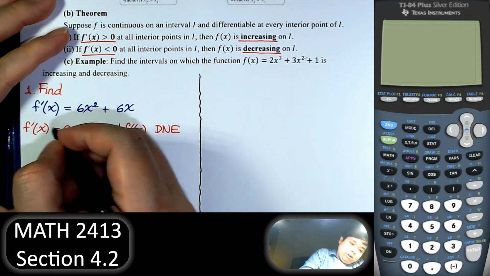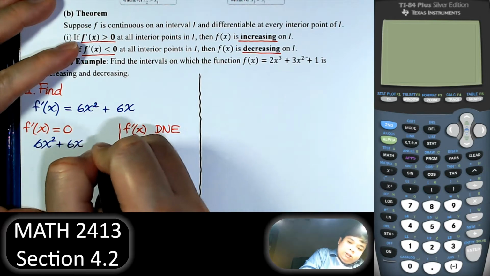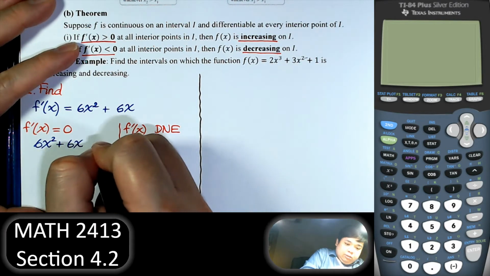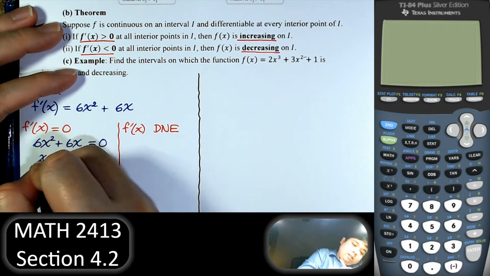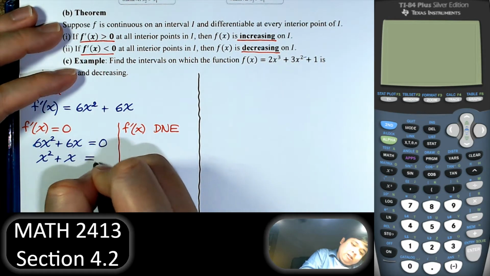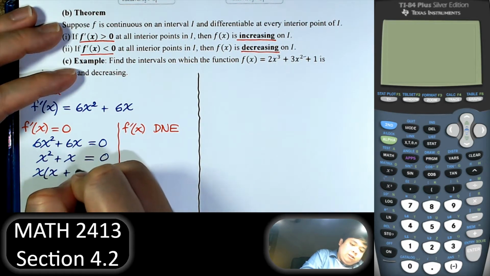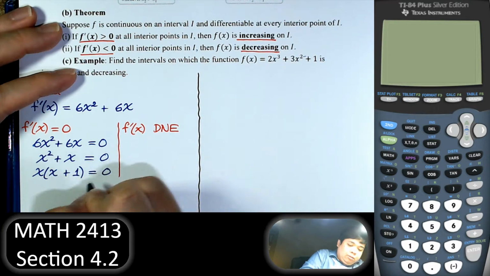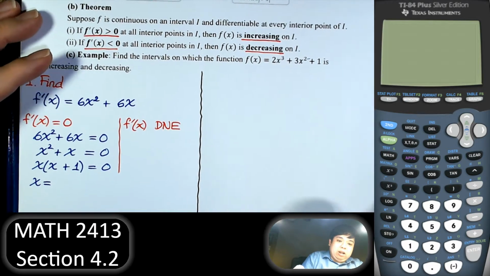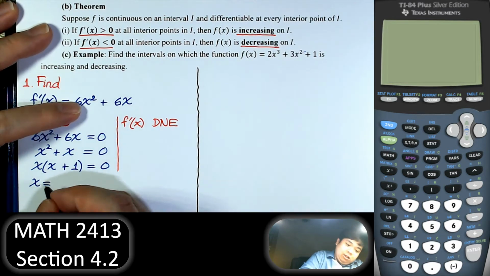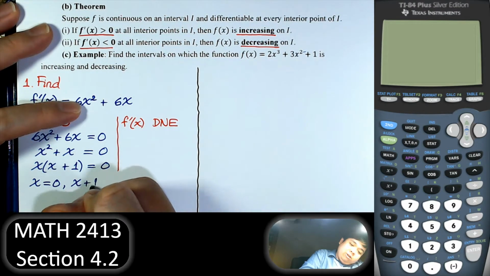So equal to 0. I just divide by 6 on both sides and factor out an x. So I have x equal to 0, or x plus 1 is 0.